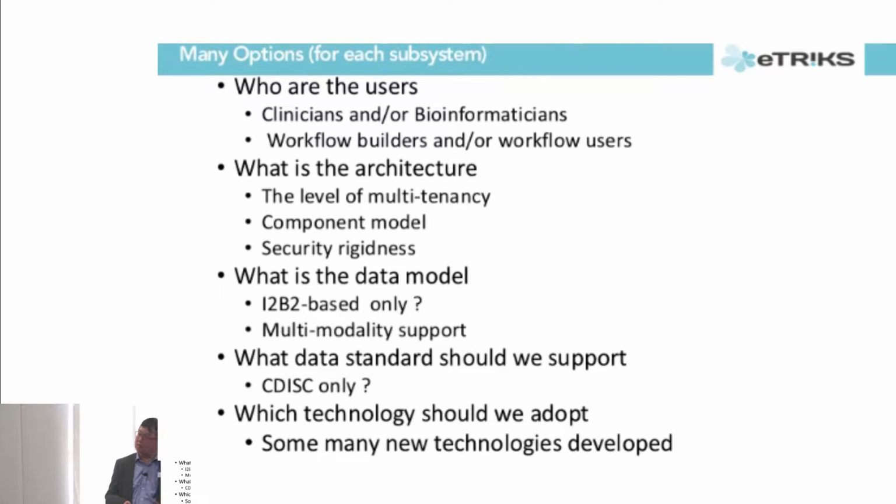For example, when we integrate XNAT, you have quite a different way to access the clinical information. What is the way to extend the data model? Should we extend to a super data model, or allow different data models to interact? And also data standards: by default we have to support this one, which is very nice, but what about the others?